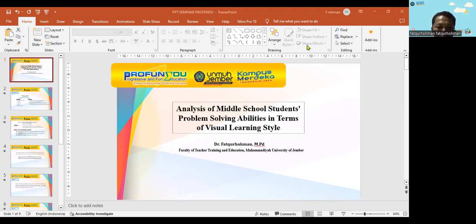Before discussing the results of this research, we need to review that in the world of education, mathematics is a scientific discipline for other fields of science.